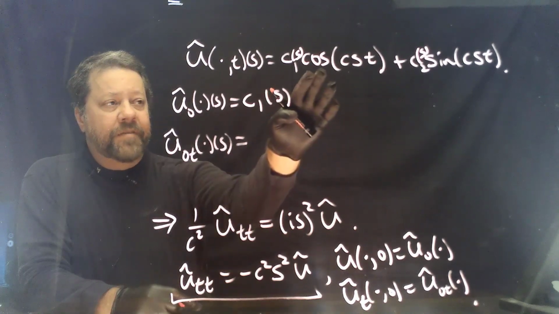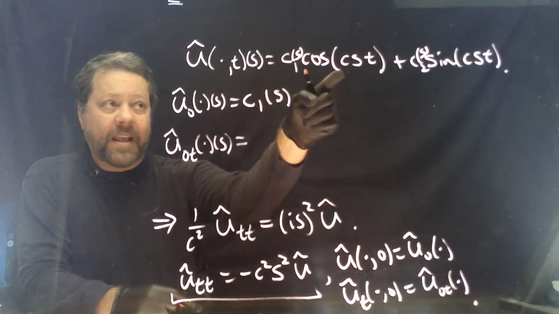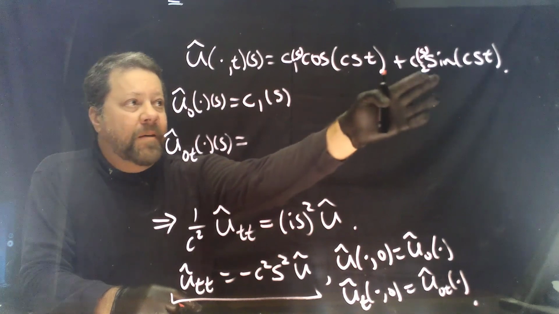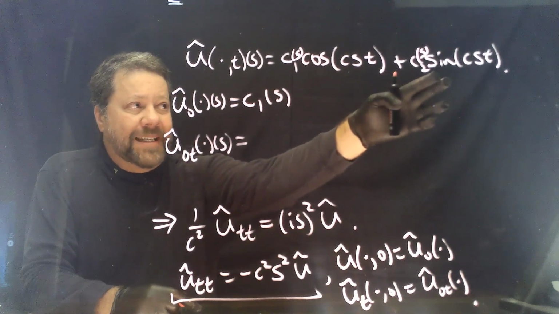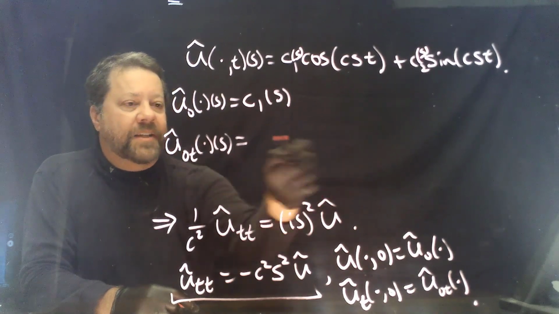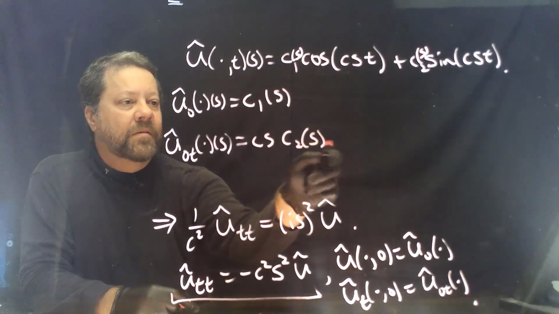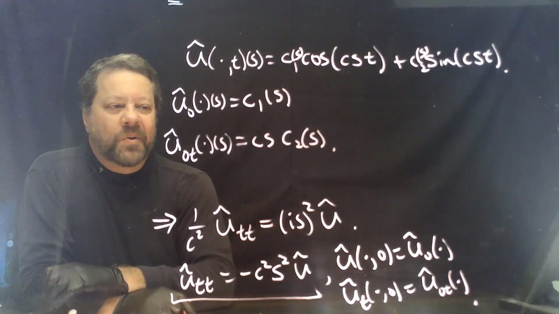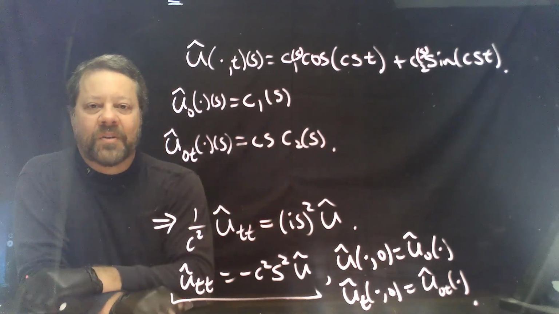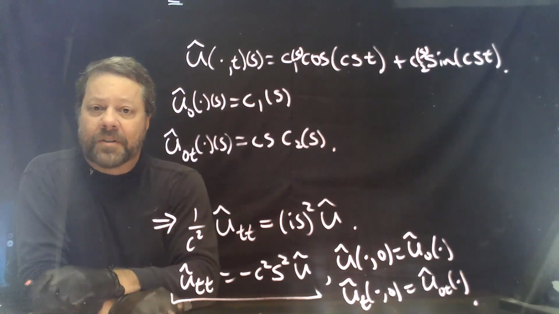When you take the derivative of cosine, you get negative sine with a cs out front, but evaluated at 0, you still get 0. Over here, when you take the derivative with respect to t, you get a factor of cs by the chain rule times C2. And so the cosine evaluated at 0 will be 1. You end up with cs times C2 being the initial velocities.